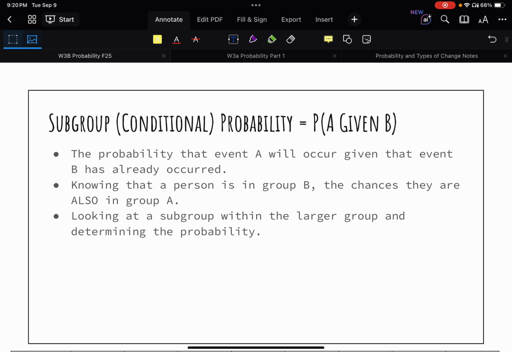I will warn you in advance that if you Google conditional probability, you will get some crazy, scary looking formulas. And so we're going to try and simplify this as much as possible for you.